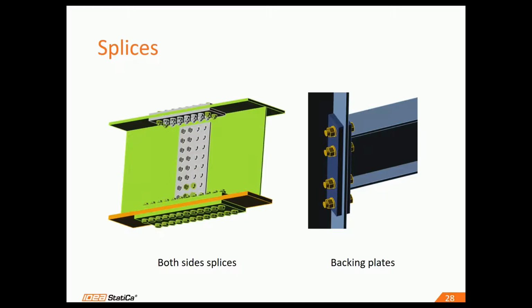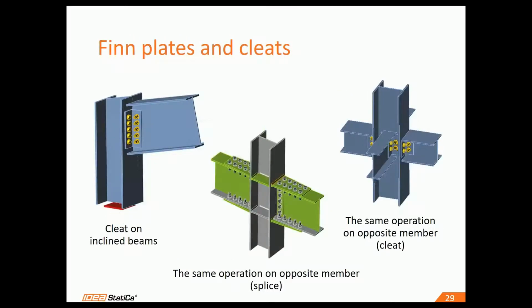So you don't have to separate the group of bolts on one beam and the group of bolts on another beam. Now it's in one operation, and you can also add the backing plate on the other side of the splice in this operation. So I think this saves a lot of your time.